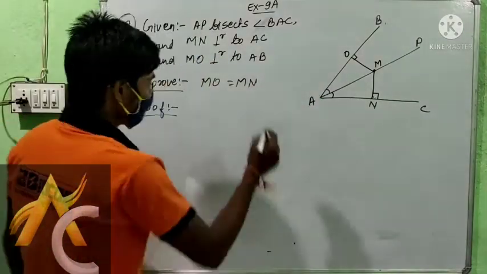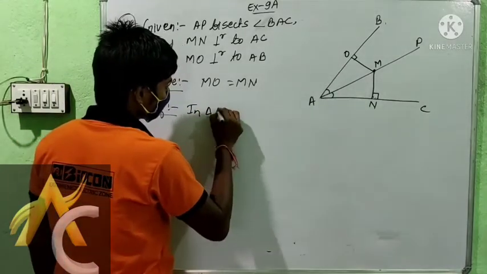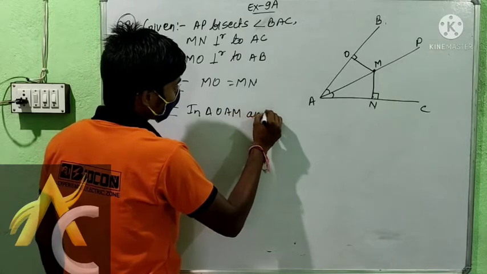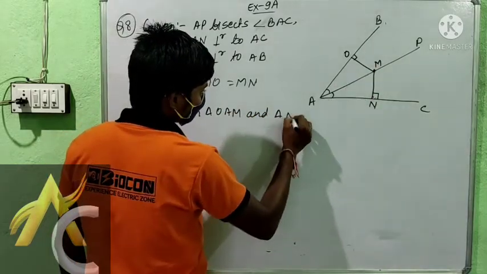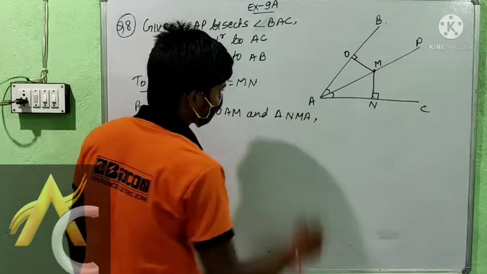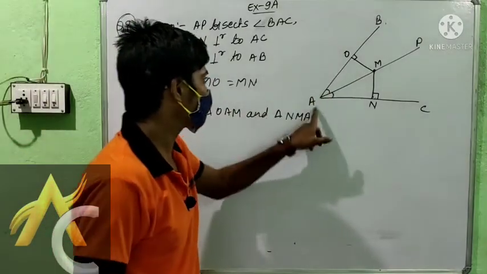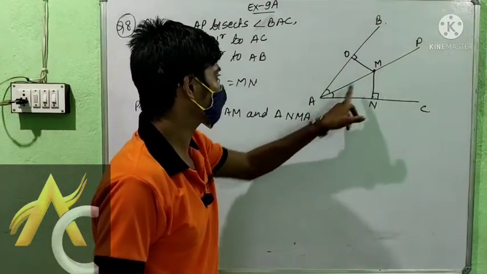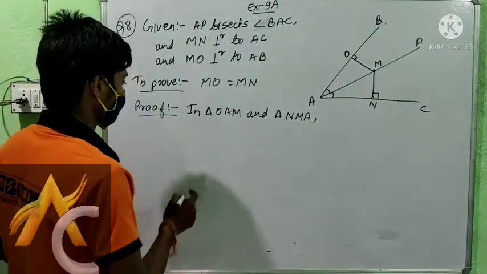Okay, so in triangle OAM and triangle NMA, what do we have? Angle OAM is equal to angle NAM, because AP is the bisector of angle BAC, right?